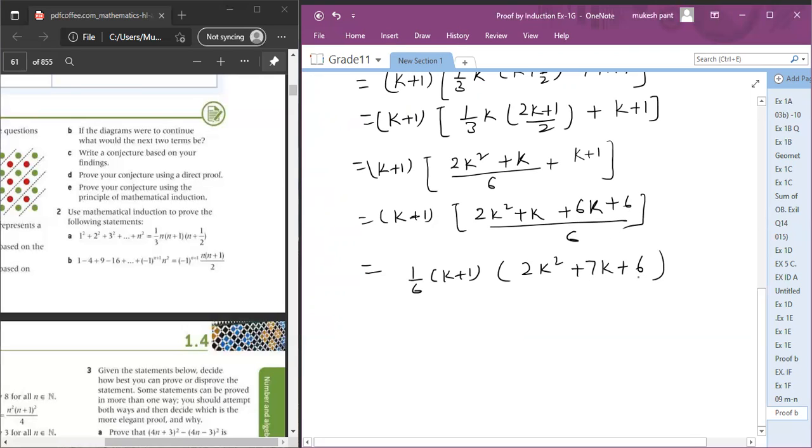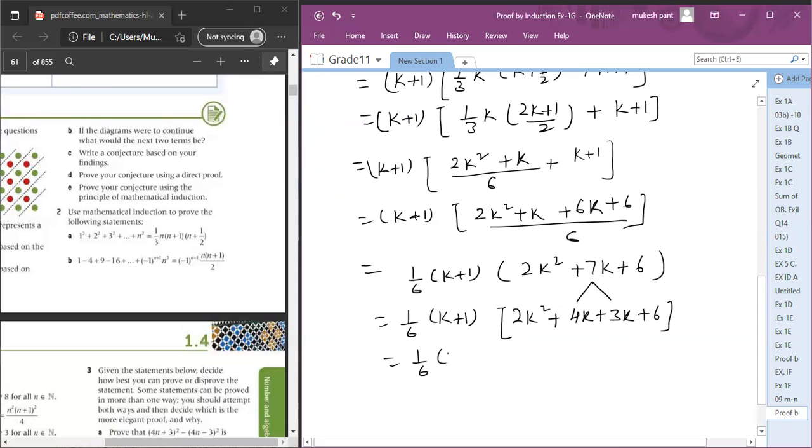Now this is a quadratic function. We can factorize this one. How? Look, 2 times 6 is 12, so we can split the middle term as 4k and 3k. 4 plus 3 is 7, 4 times 3 is 12. So this is 1 over 6, (k plus 1), and 2k square plus 4k plus 3k plus 6.